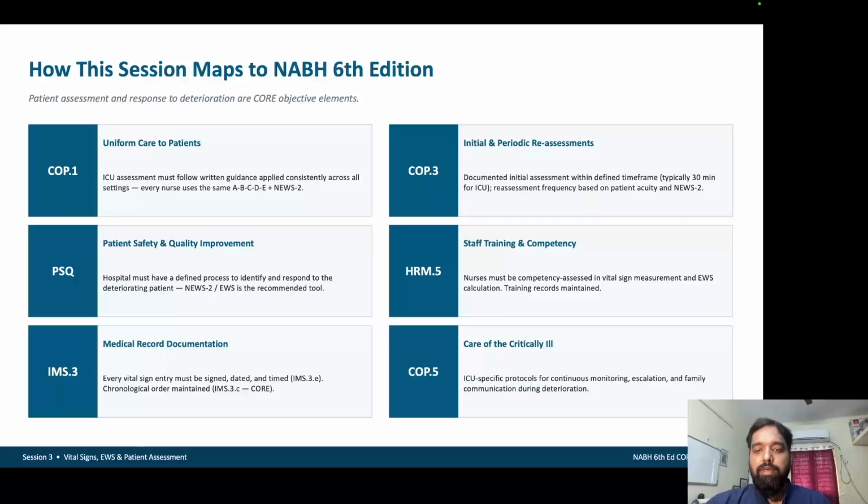Staff training and competency: nurses must be competency assessed in vital sign measurement and early warning score calculation, and training records maintained. Care of the critically ill patients: ICU-specific protocols for continuous monitoring, escalation, and family communication during deterioration.